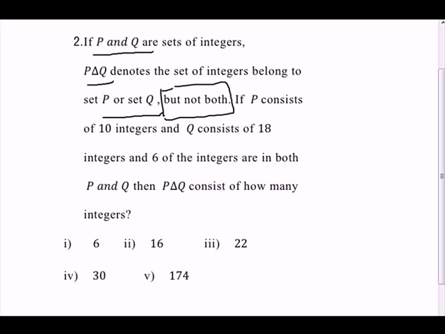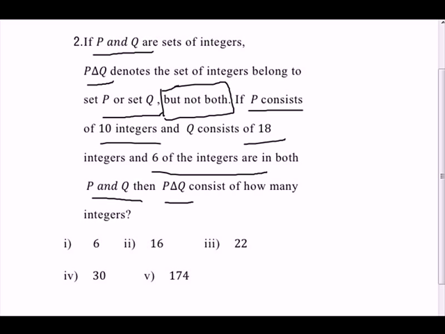It's critical to read the question properly because otherwise it's very easy to make a silly mistake, and as you know, making a mistake in the first 10 or 15 questions is quite serious for your overall score. So if P consists of 10 integers and Q of 18 and 6 are common between P and Q, then how many integers are there in P triangle Q, which basically means in P or Q but not both.